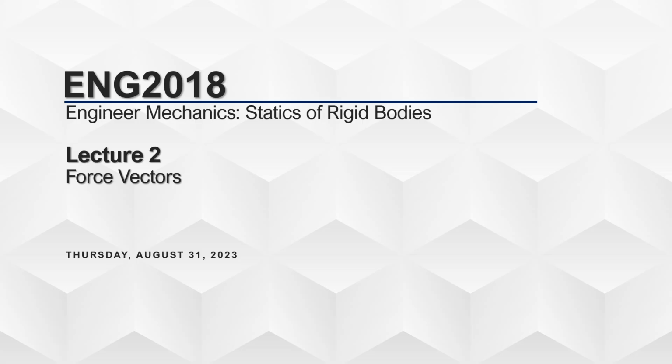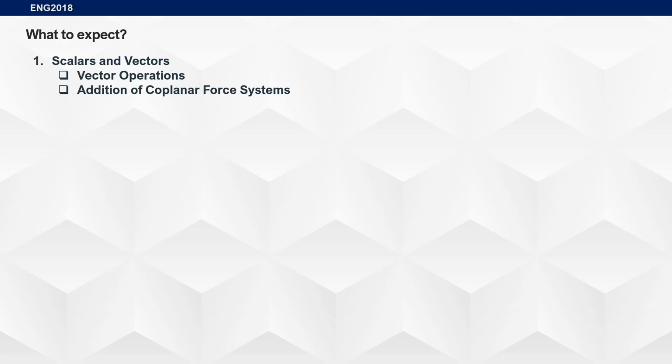So, what to expect in lecture 2? We have scalars and vectors, their definitions, the kind of operations that we do, what the typical problems are, and of course doing some operations on forces on the same plane, that is, in coplanar force systems. What does it look like and how do we operate in it?